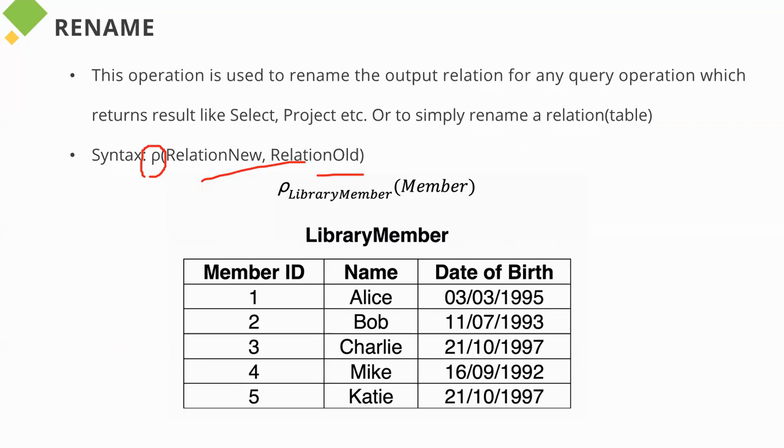Like I need to rename the member table into a new name, library member. See member to library member. So my table name would be library member here. Previously it was member. To rename we use the same kind of symbol and syntax as select and project.